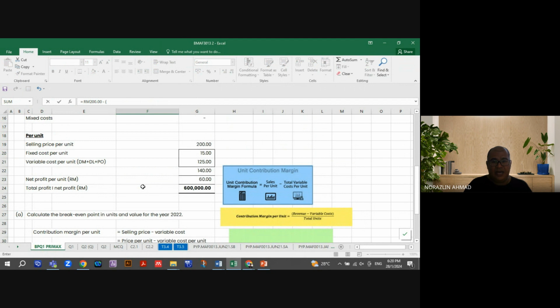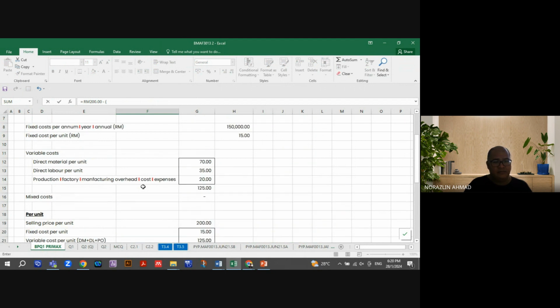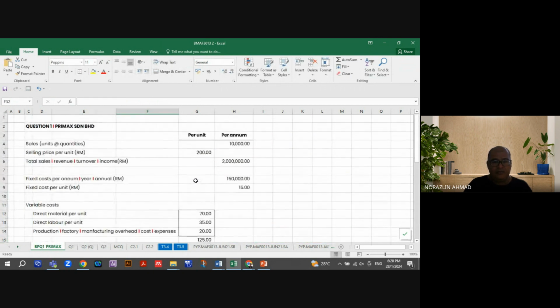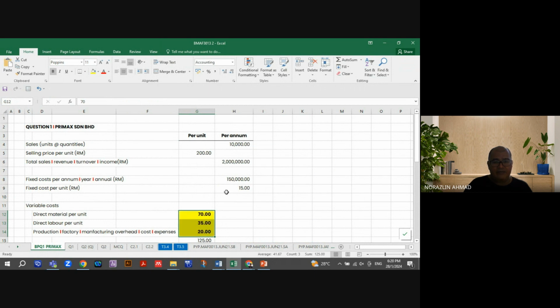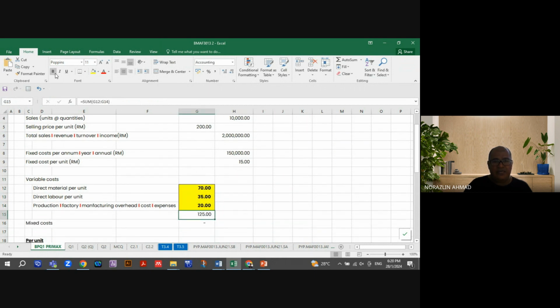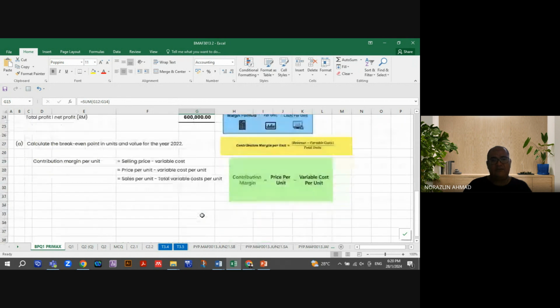Let's look at this: we have 1, 2, 3, and then we have the figure for total variable cost per unit, 125.